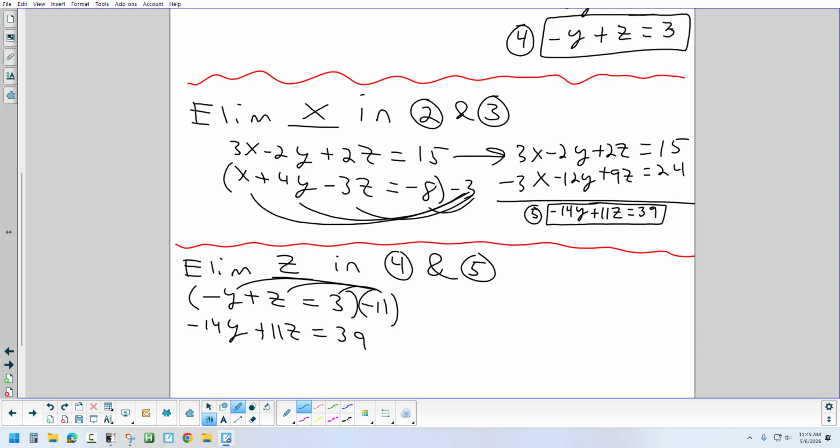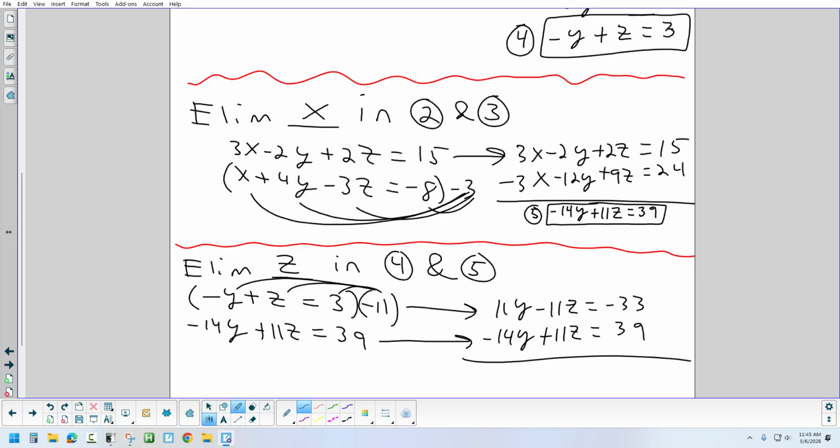Okay, so let's do that. It's going to give us 11y minus 11z equals negative 33. And the bottom equation is getting copied over. Negative 14y plus 11z equals 39.